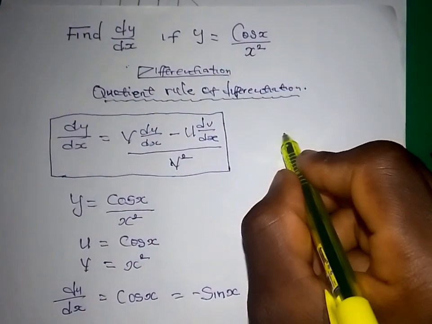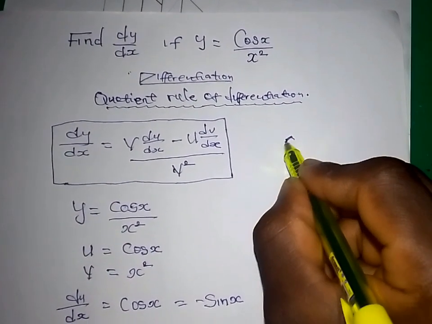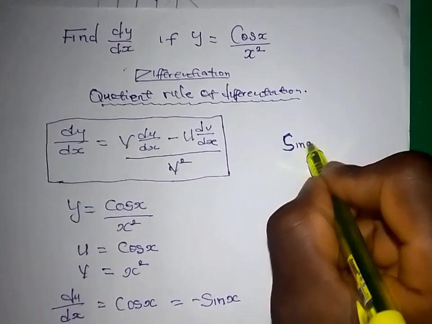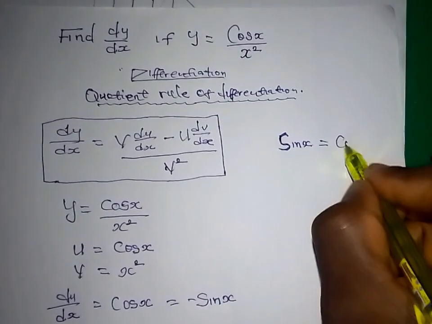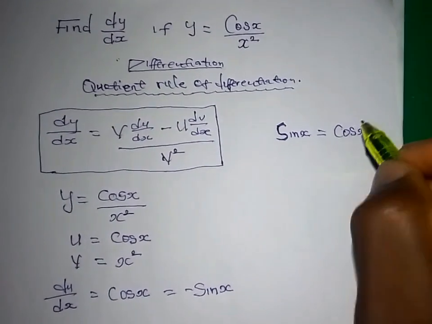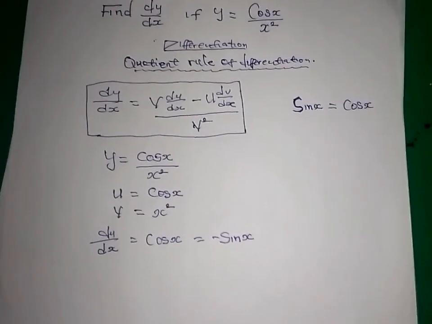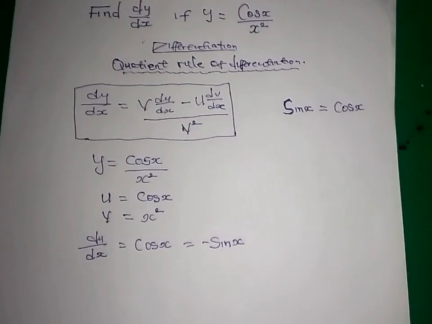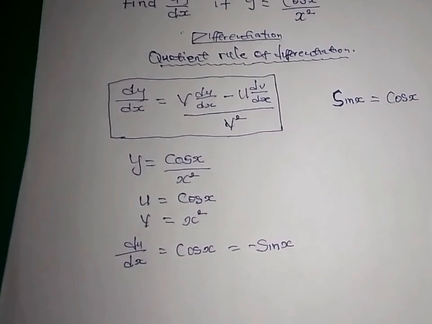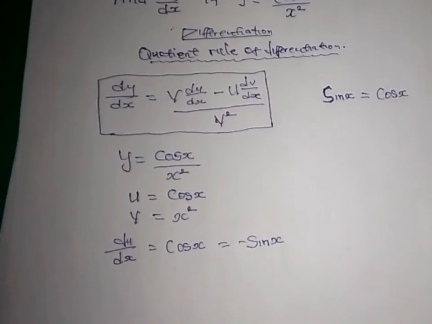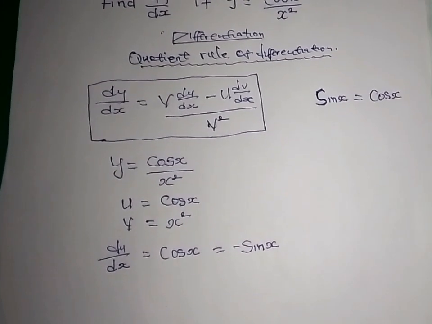For instance, if we differentiate sine x, what we will get is cos x, and so on and so forth. Now, let's focus on today's problem. Next class we'll go deeper on that.